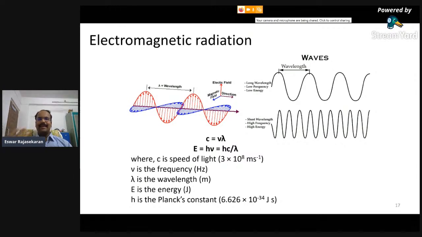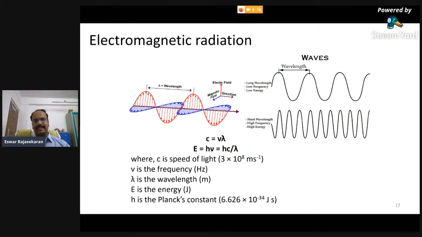Mostly we think of EMR as a wave, and we have studied in high school physics that when a wave travels, each wave has an associated wavelength and frequency, and electromagnetic radiation travels with the speed of light in vacuum. Wavelength and frequency tell the character of the wave.